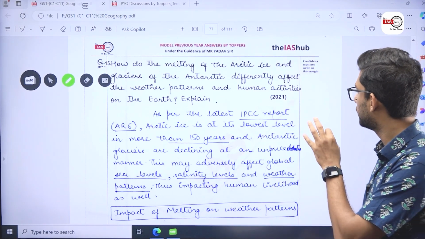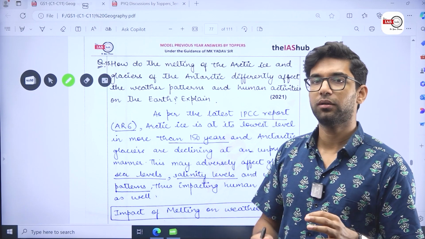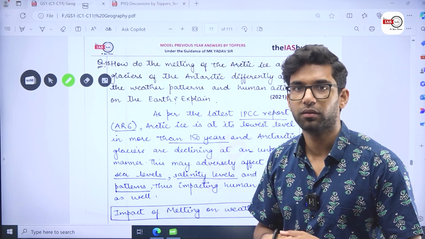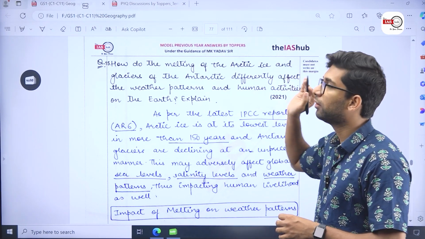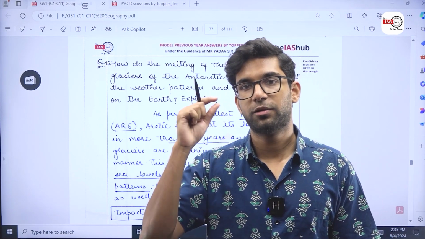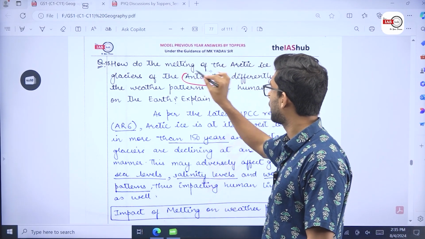Number two, this question is not a very scoring question either, because you require very specific data, specific examples and specific names of places near the Antarctic or the Arctic.